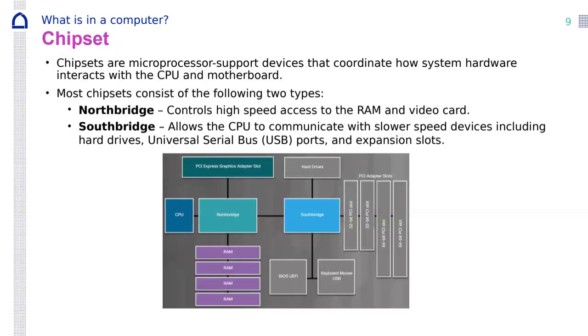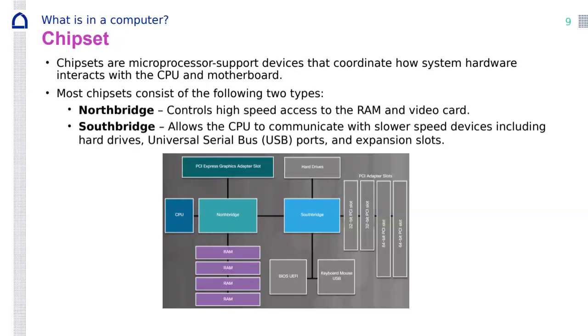We have North Bridge. It controls high-speed access to the RAM and video card. And we have South Bridge, which allows the CPU to communicate with the slower speed devices, such as the old hard drives, USB and expansion slots.